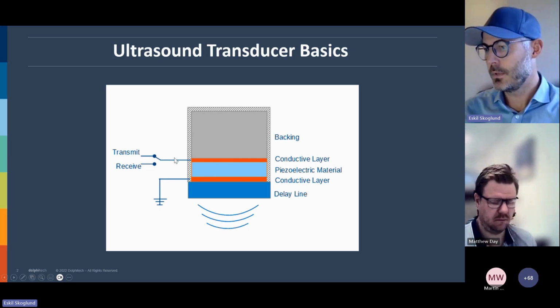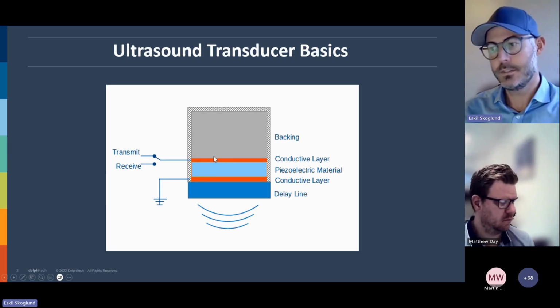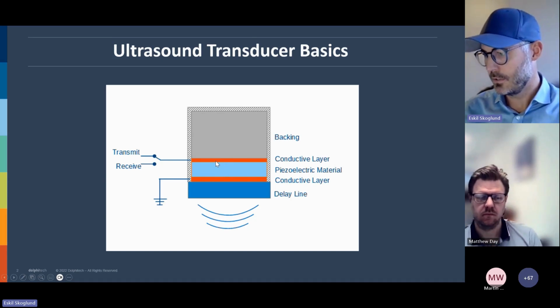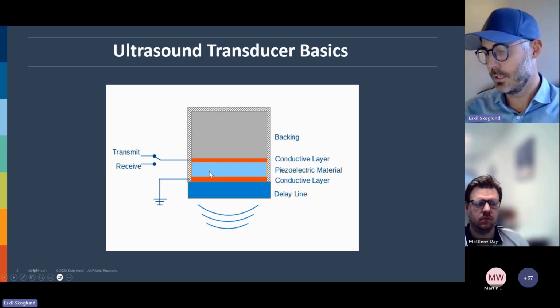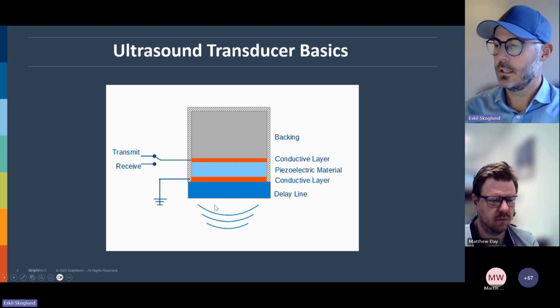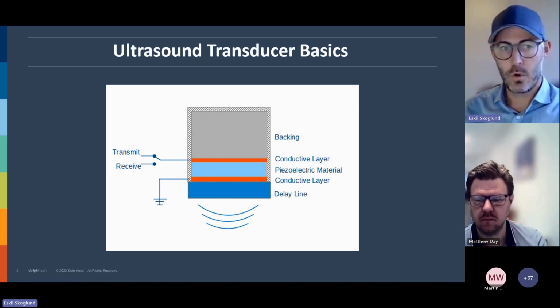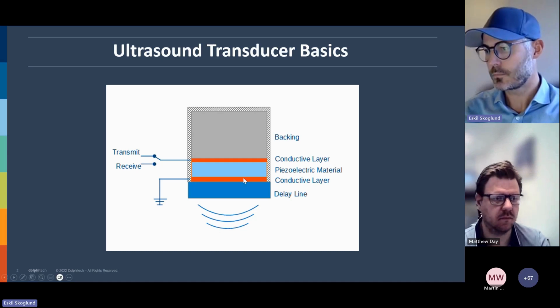So what happens is that when you put a square pulse, let's say a 100-volt pulse, into transmit, you create a potential between this ground and this transmit electrode. And then the piezoelectric material starts to vibrate. The vibration creates an ultrasound wave that goes through the delay line into your material, and it hits either a back wall or a floor or something, and then it comes back.